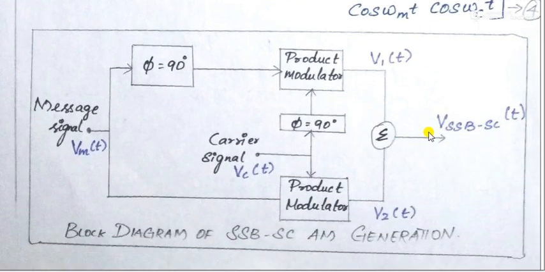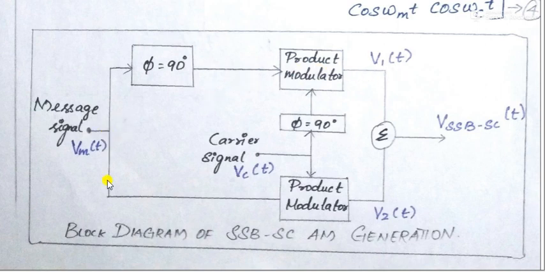This is the block diagram of the SSB-SC AM signal. Here the message signal is represented as Vm of t. The message signal is 90° out of phase with modulator 2. And here, by using the product modulator, the 90° phase shift of the message signal and the 90° phase shift of the carrier signal are applied, so that this signal is subtracted or suppressed.